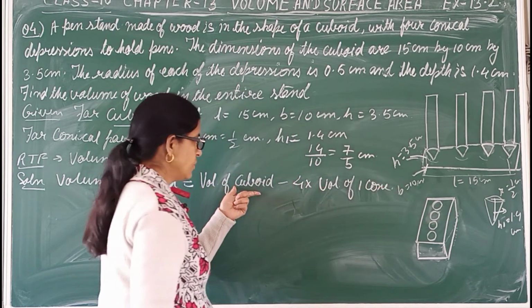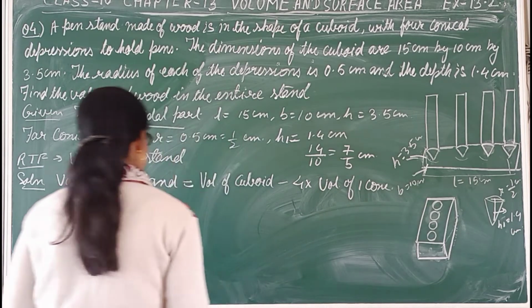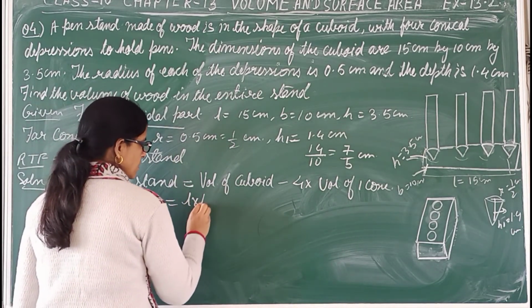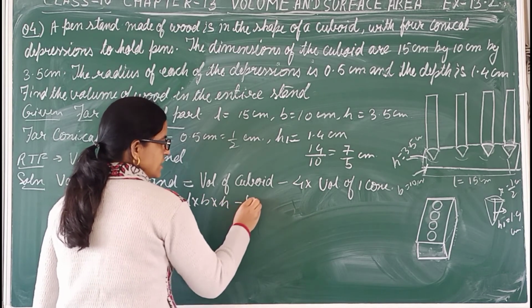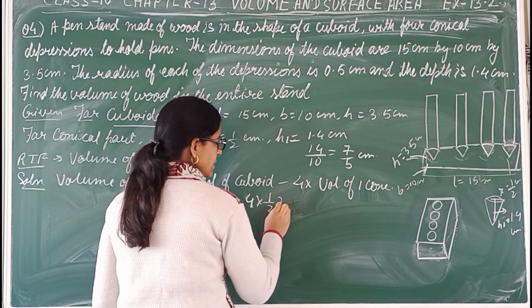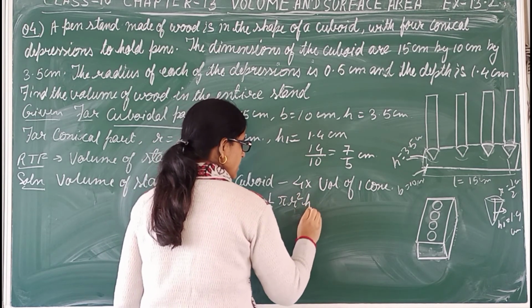So you can write over there cuboidal part, conical part. So cuboid is L into B into H minus 4 into volume of the cone, which is 1 by 3 pi r square h1.